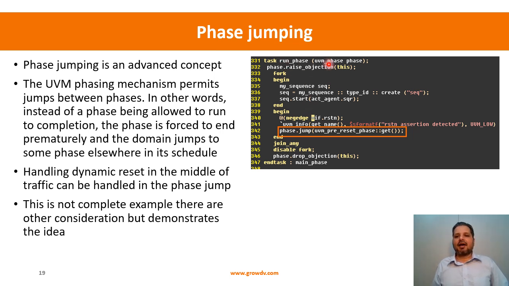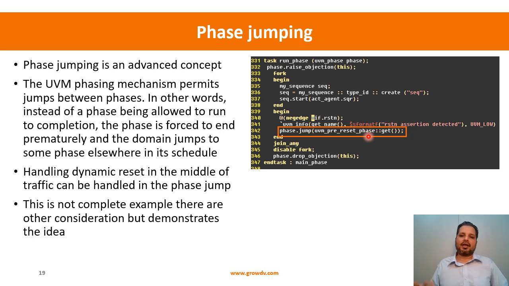So here I have a run phase, and in the run phase I am raising the objection as usual. I'm generating the stimulus. This is the test's run phase, and I'm waiting for a reset, right? If the reset comes in, I say the reset is detected, and then I call phase.jump. These are all built-in calls, and I can jump to the pre-reset phase, right?